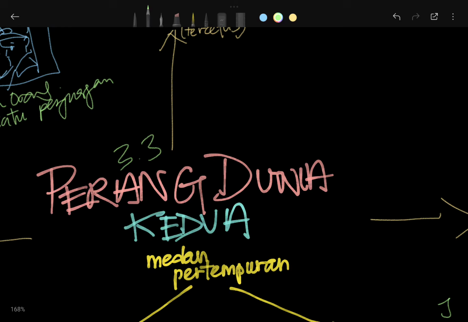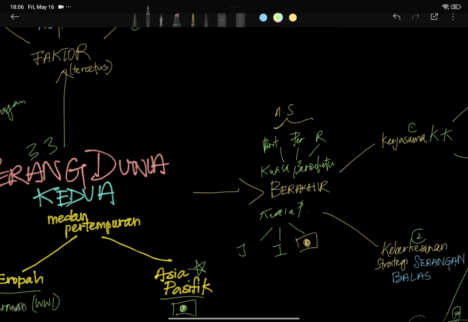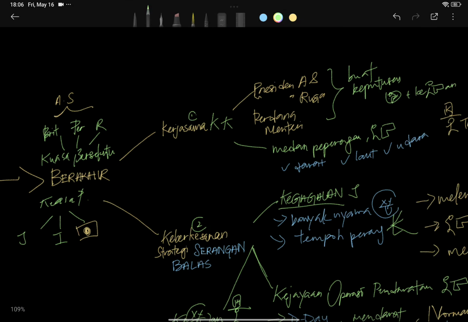Okay? Then over to the side, they also do tell you some things like for the keberkesanan, strategi serangan, kesilapan kuasa paksi membuat keputusan politik dan ketenteraan dalam operasi menawan Rusia membawa kegagalan.